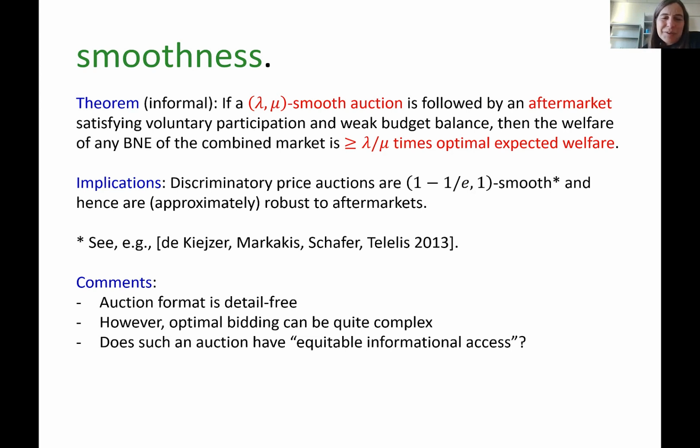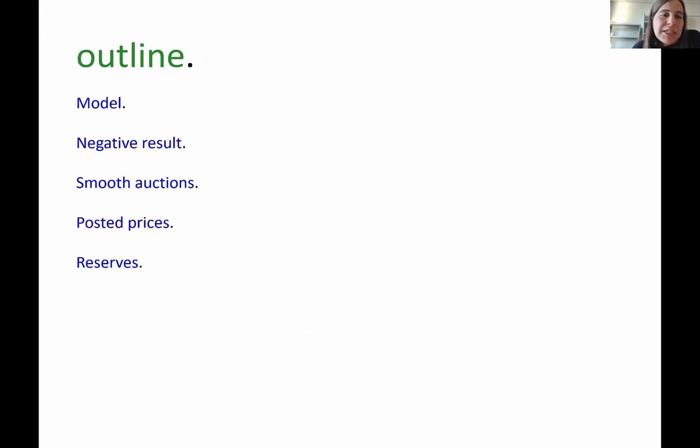And so you could question if this would be very satisfactory to the EU ETS, where they cared about equitable information access, transparency, or the ease of playing the mechanism. And so for those reasons, we'd like to propose alternatives to smooth auctions, which include posted prices and reserves.